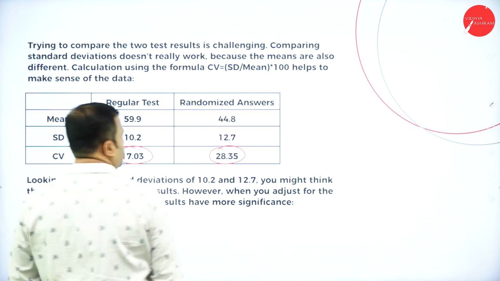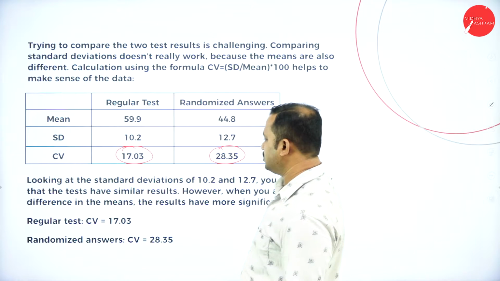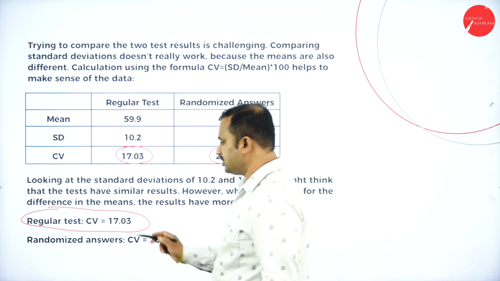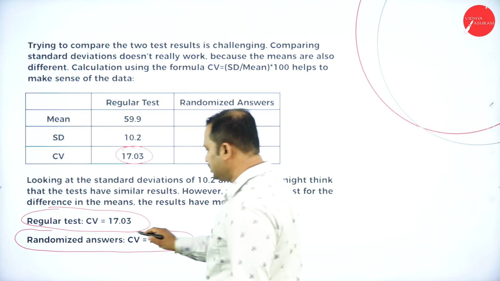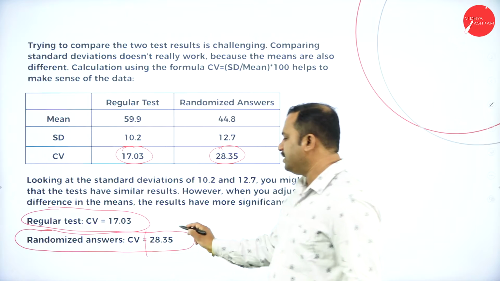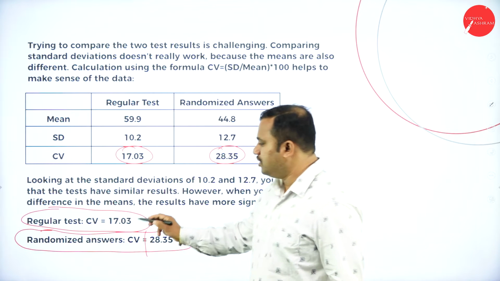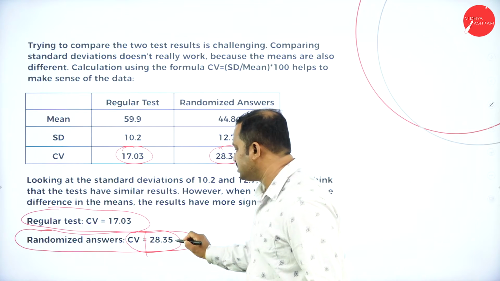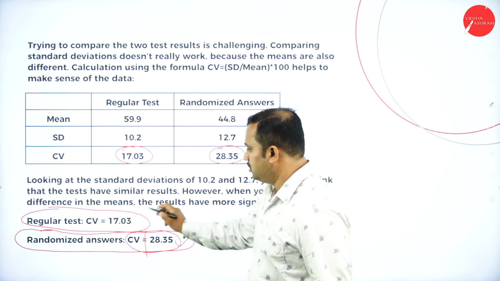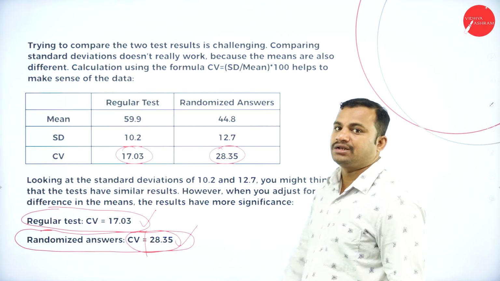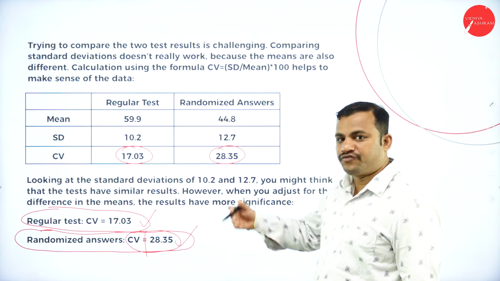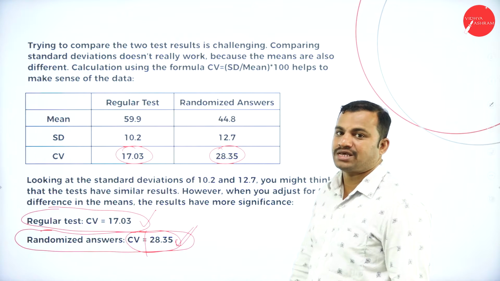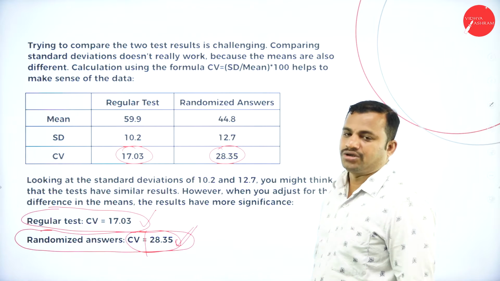So we state that 10.2, which leads to the CV for the regular test, gives a coefficient of variation of 17.03, and the randomized answer has led to a coefficient of variation of 28.35. So the coefficient of variation for the randomized answer is more than for the regular test. That is what I can conclude. I can draw this inference from it.